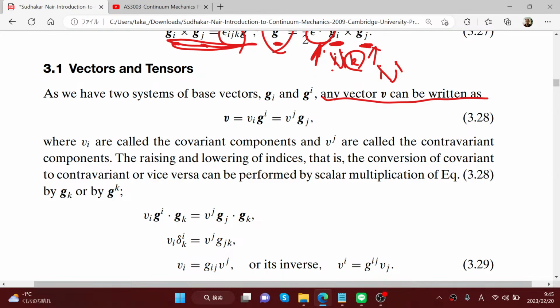Very strange. Is this scalar multiplication?